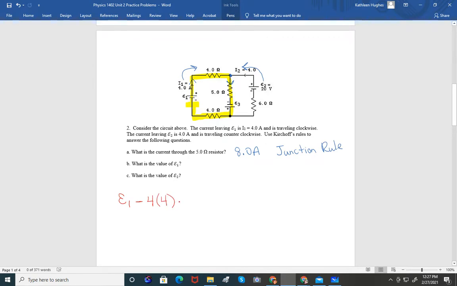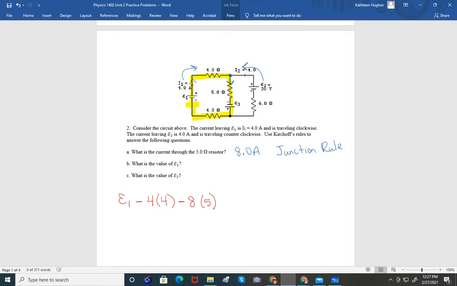And then I'm going to come down and have a voltage drop through the 5 ohm resistor, which has 8 amps times 5 ohms. Then I'm going to go through E3. Oh my goodness, I don't know E3.